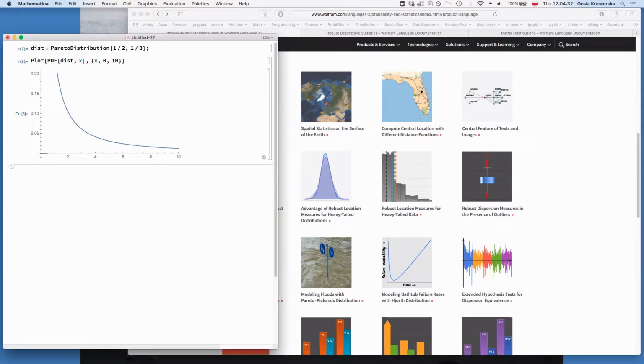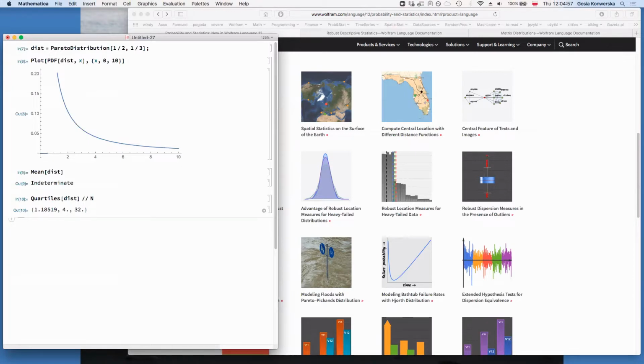And this is an example of a distribution for which the mean is not defined. So we cannot really tell anything about the location here because we cannot really operate on the mean.